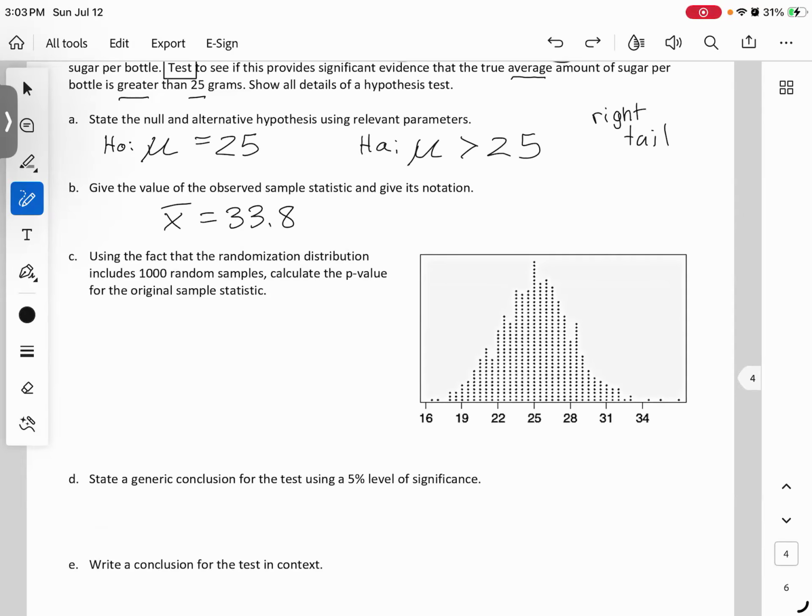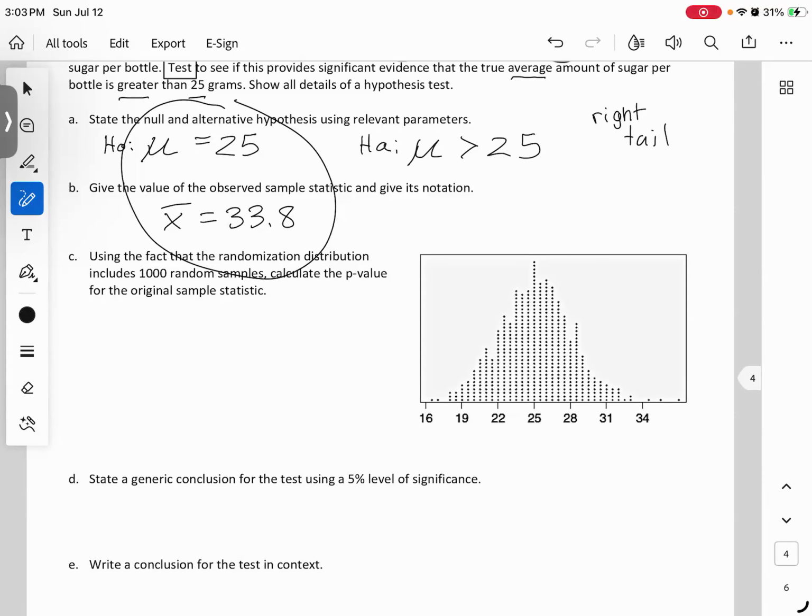Now, if we're the ones making these bottles of tea, we're kind of hoping that this was just a fluke because we don't want to have to shut down operation and reprint labels or fix the recipe.